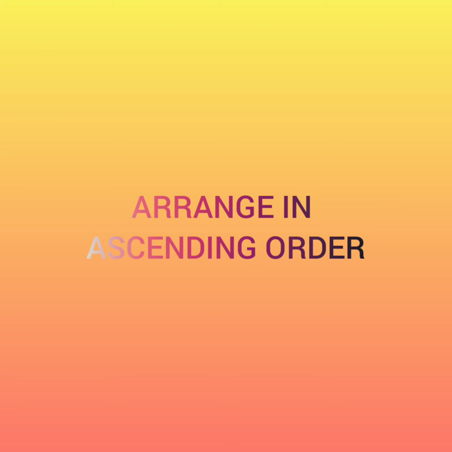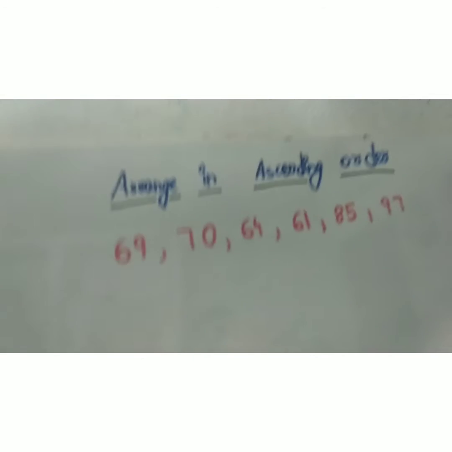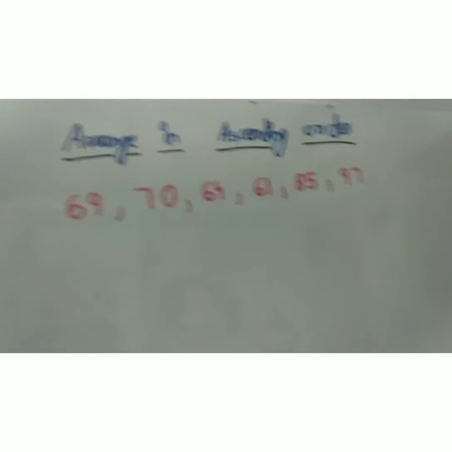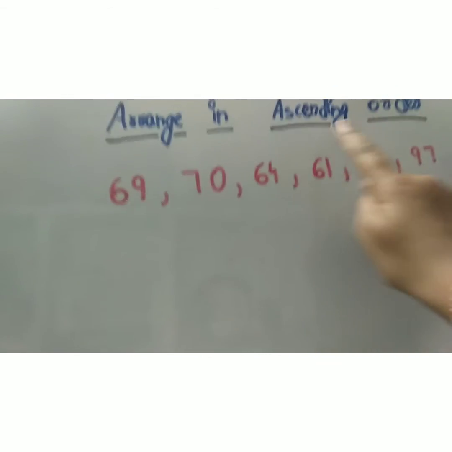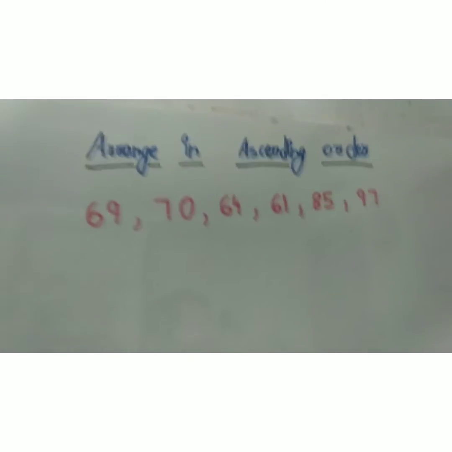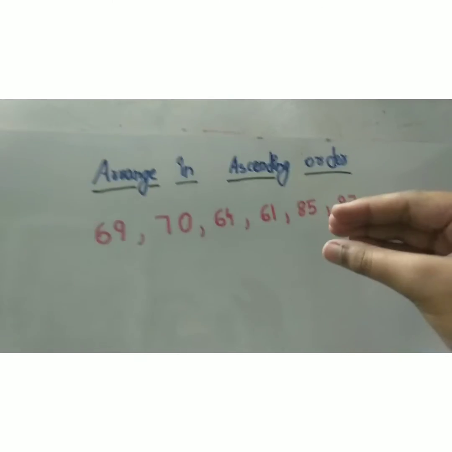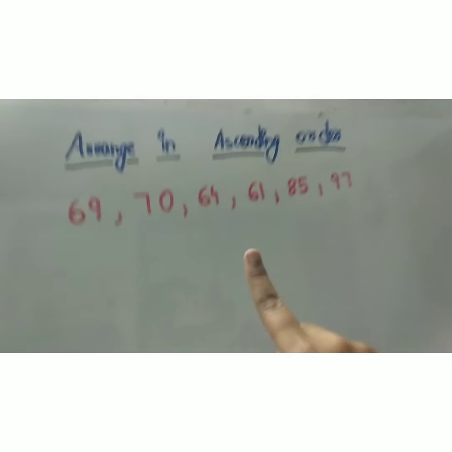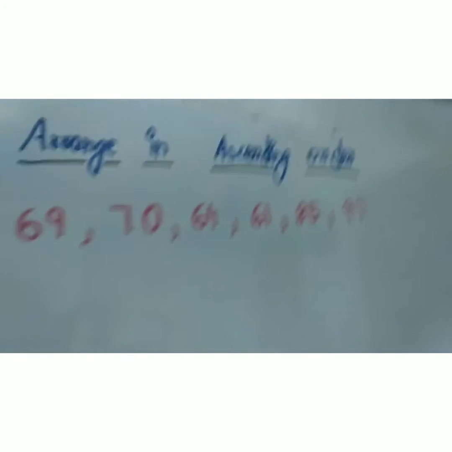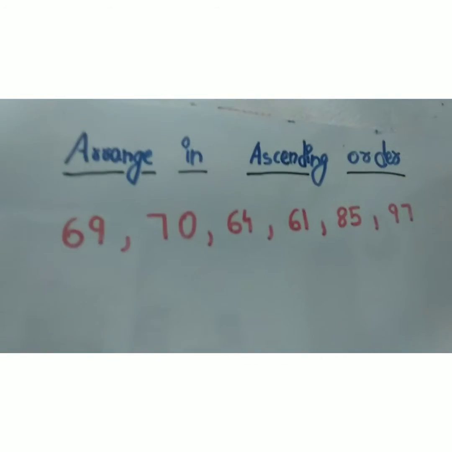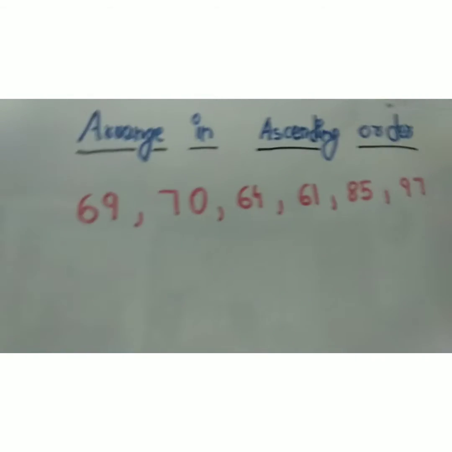Arrange in ascending order. So students, let us arrange these numbers in ascending order. Ascending order means the smallest number will come first. So let's find out the smallest number.